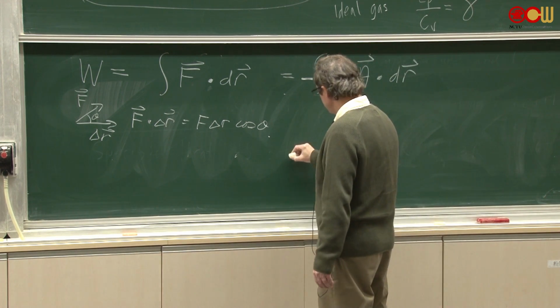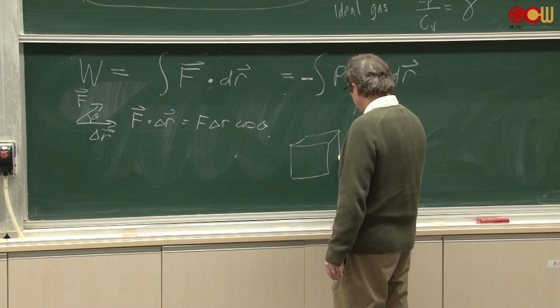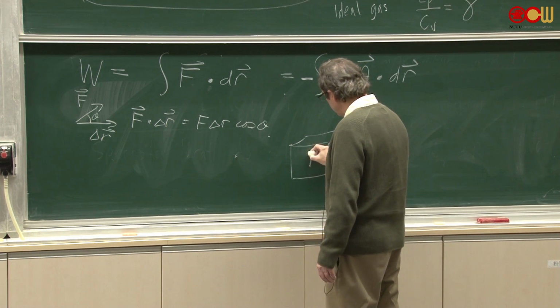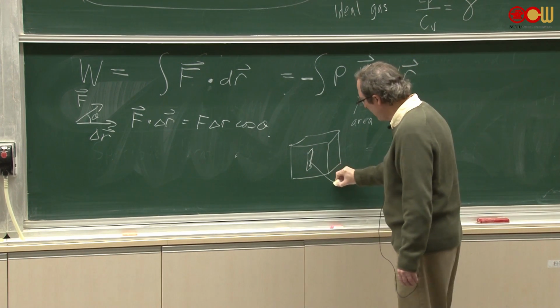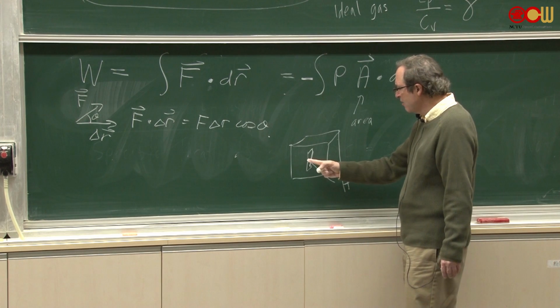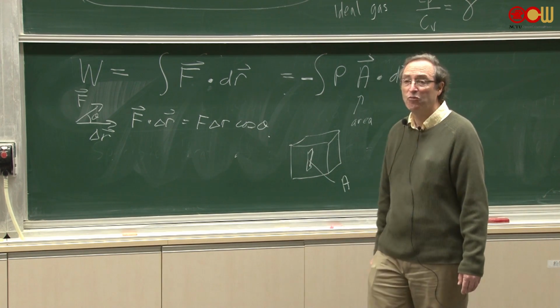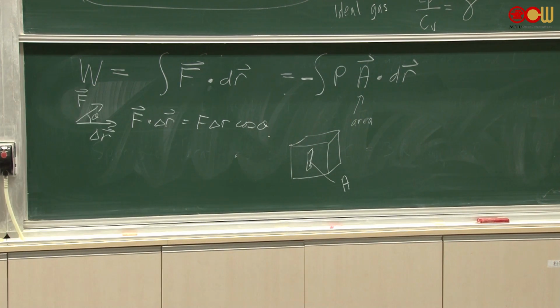So imagine I'm in a system here, and I have a wall, some kind of wall in the middle there. And this wall has an area A, and I want to know the pressure on that wall, on one side of that little area. That's what we're getting at.